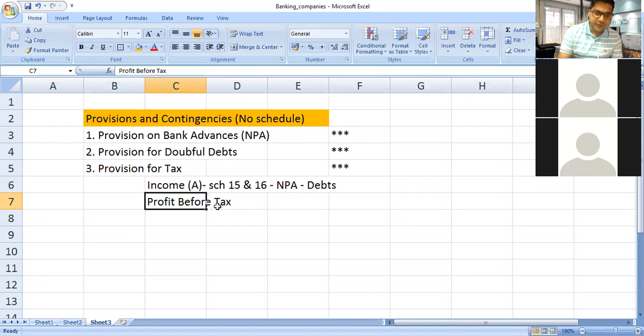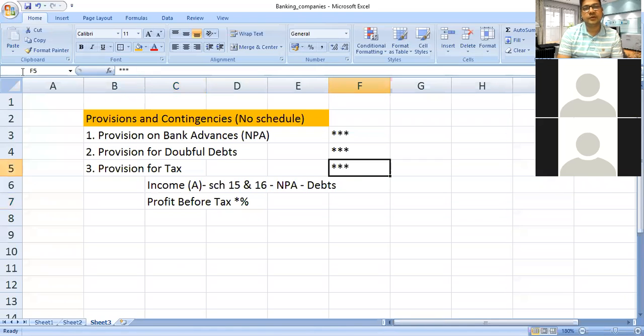From this profit before tax, we have to find out the percentage of the provision for taxation, and that we have to write. The provision for taxation we will find out on profit before tax.